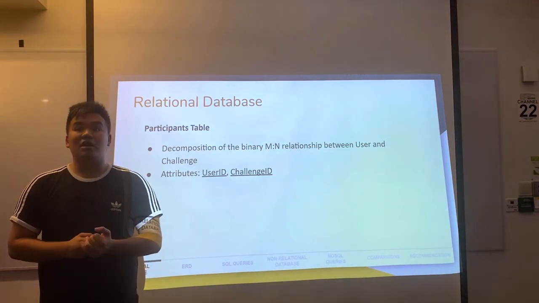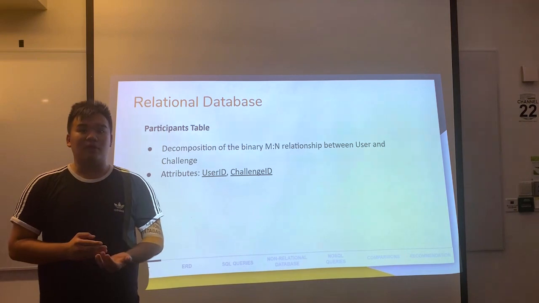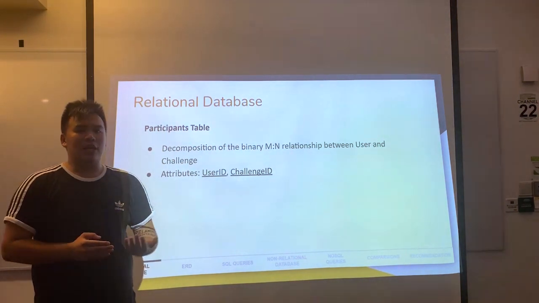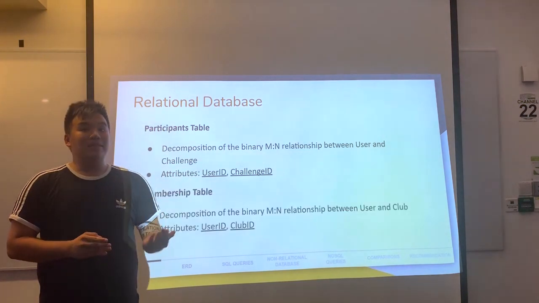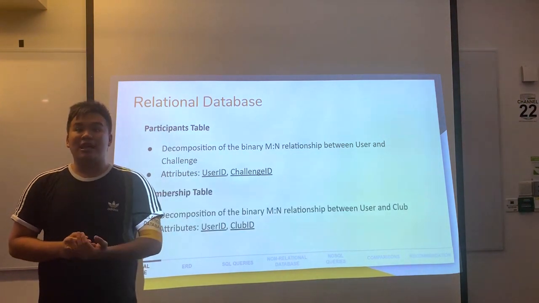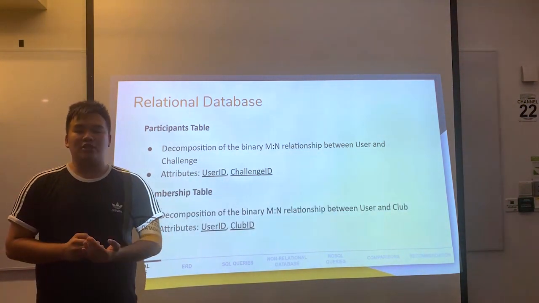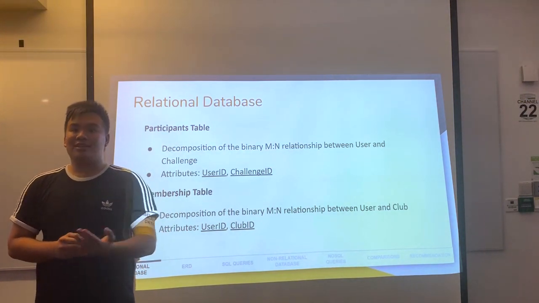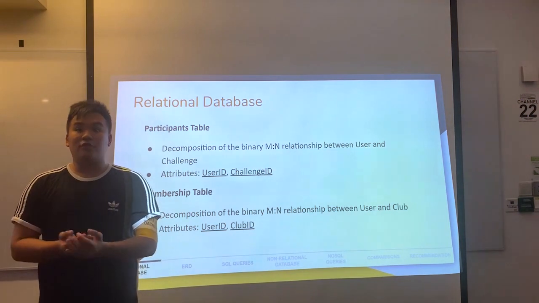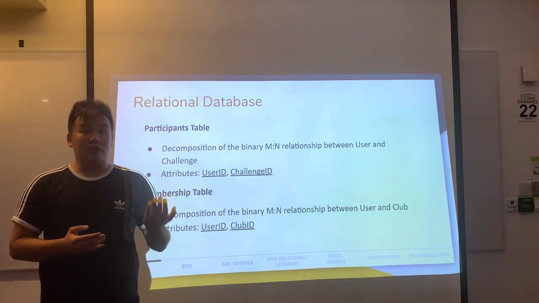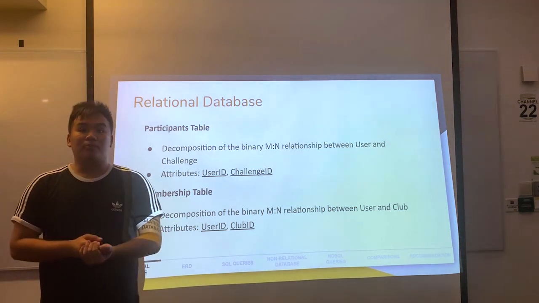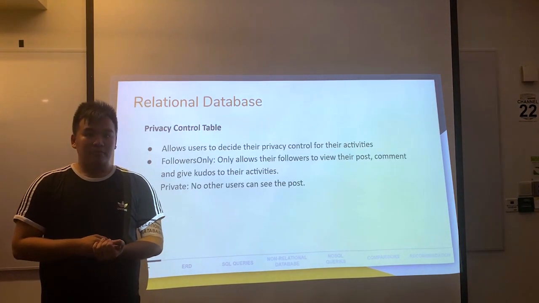Both the primary keys of the user table and challenge table were used as the foreign keys in the participants table, forming a composite primary key. Similarly, the membership table is formed from the decomposition of the many-to-many relationship between user and club. Both the primary keys of the user table and club table were used as the foreign keys of the membership table, forming a composite primary key.